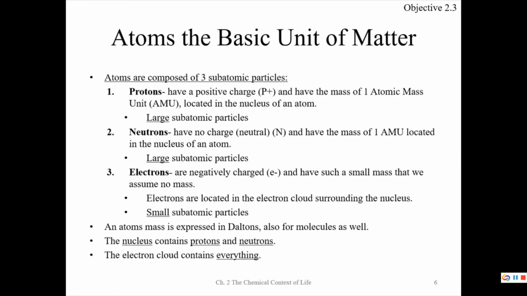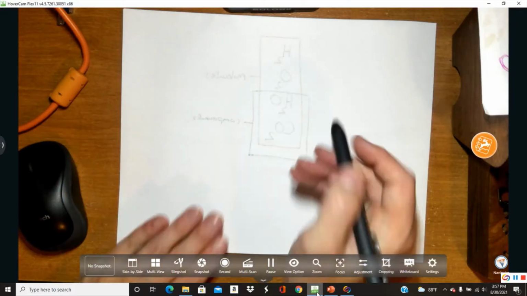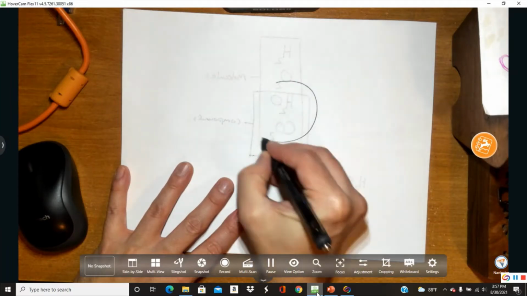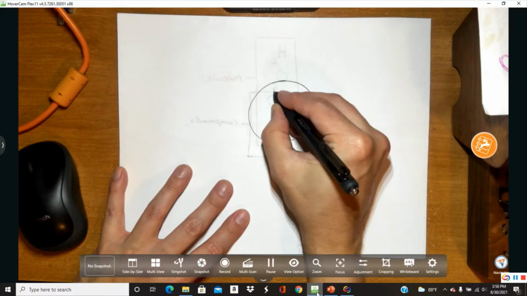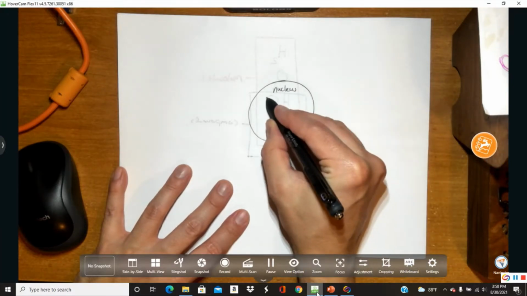Now, what I want to talk about are the subatomic particles. Let's imagine my subatomic particle petting zoo for a minute. In my petting zoo, I've got the center of attention, my nucleus, where I have protons.